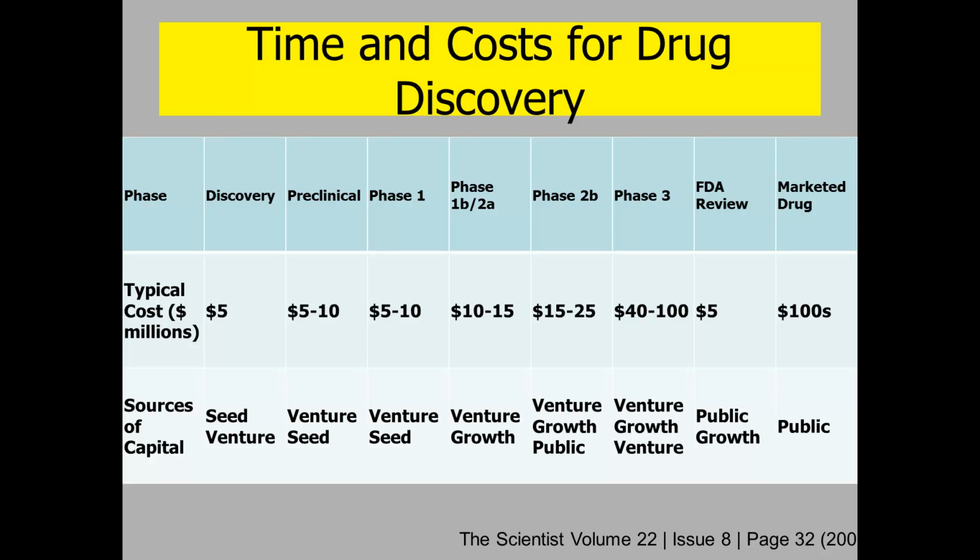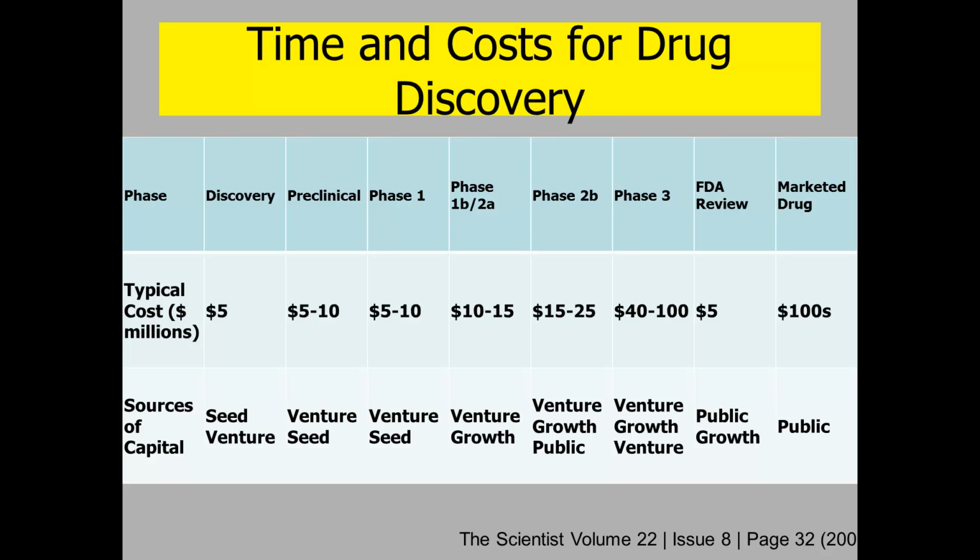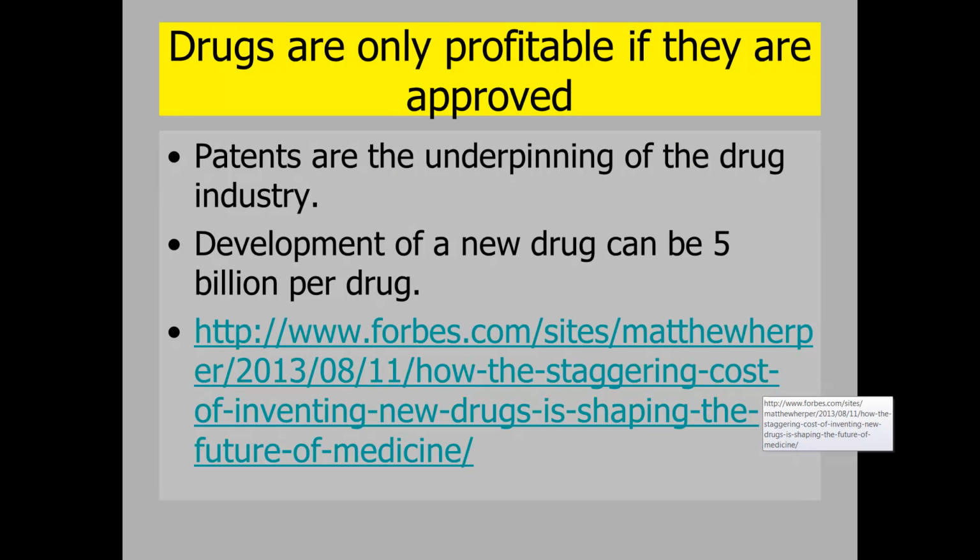So you may be spending a lot of money on drug discovery and not taking them all out to being drugs that reach the marketplace. The sooner you discover that a drug is not going to be good in humans, the sooner you can stop work on that one and work on one of the ones that is going to be a good drug.